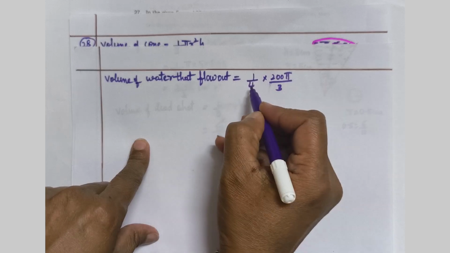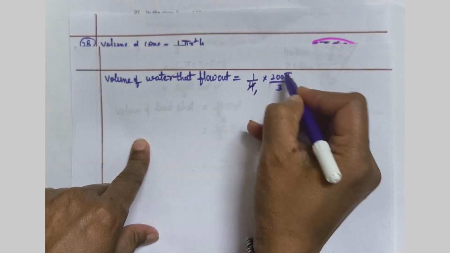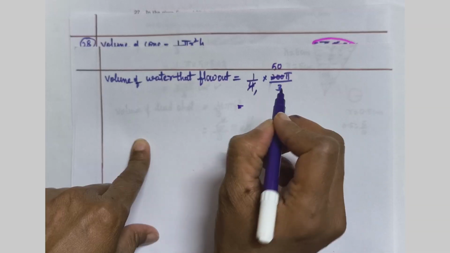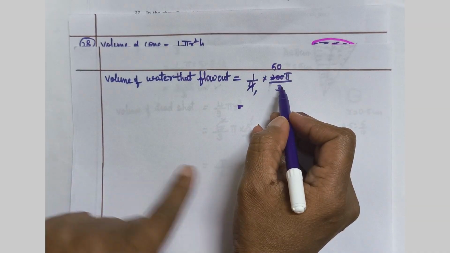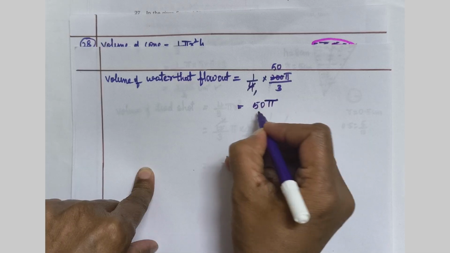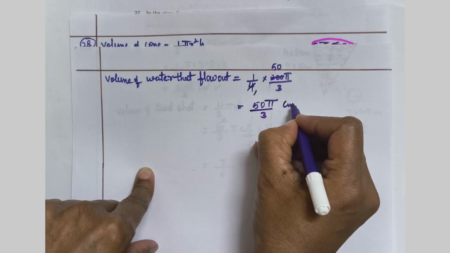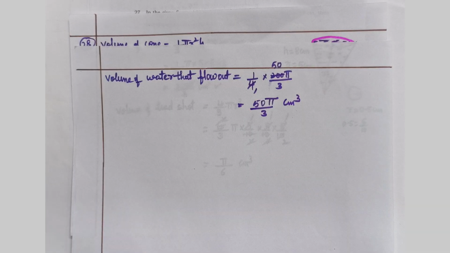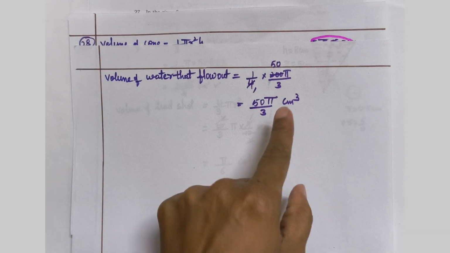Any cancel chance is there? 4 ones are 4, 4 fives are 20, 0. So how much is the 1/4 water that flows out? What is the value? 50 pi by 3 centimeter cube. This is the value of the water that flows out.